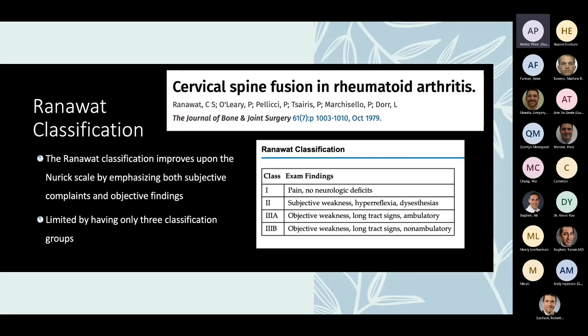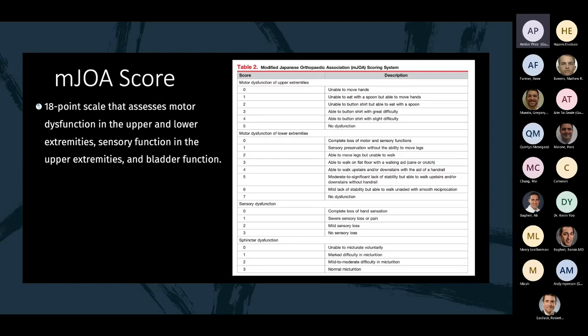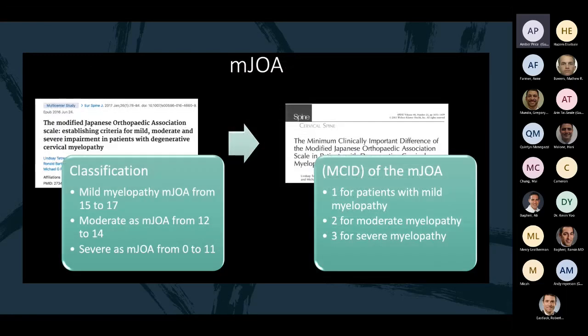But there are only 3 classification groups and it was more difficult to appropriately stratify patients, which led to the development of the MJOA score, which we use now. This includes both upper and lower extremities and includes bladder function. It also stratifies patients based on the severity of their myelopathy.